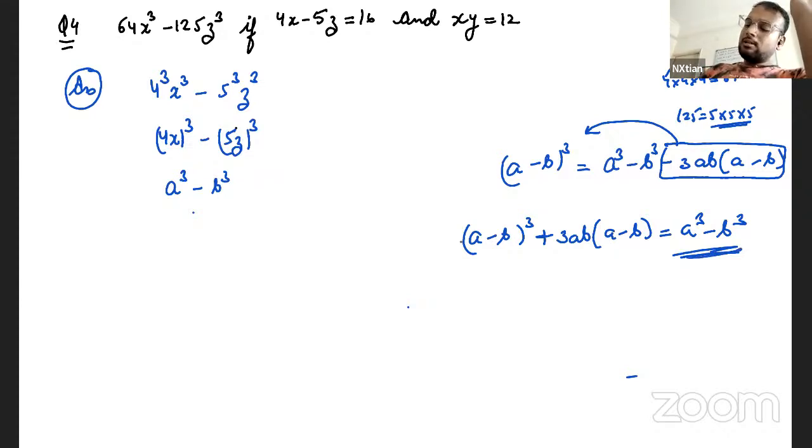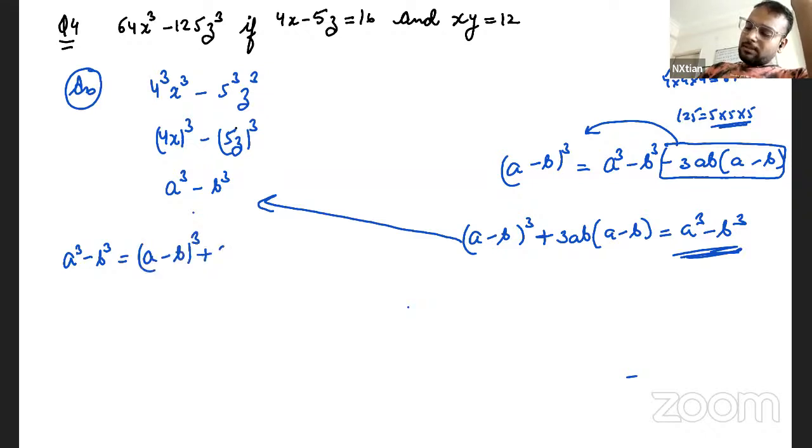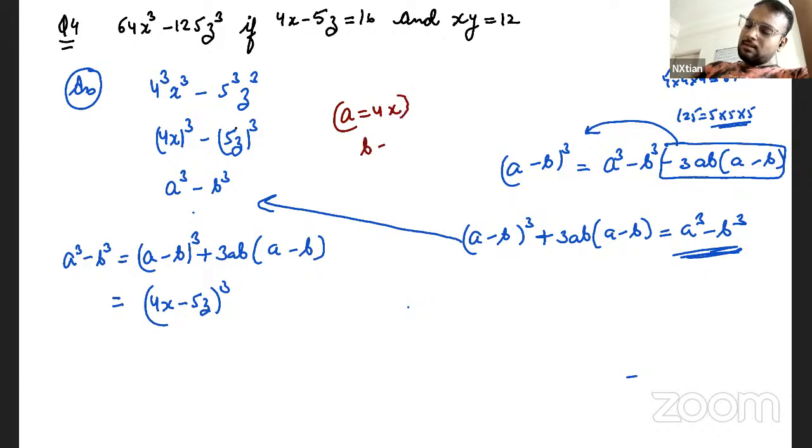So I will use this identity to solve this. That means a cube minus b cube equals a minus b whole cube plus 3ab into a minus b. Now a minus b whole cube means 4x minus 5z whole cube, because from this I got that a is equal to 4x and b is equal to 5z.